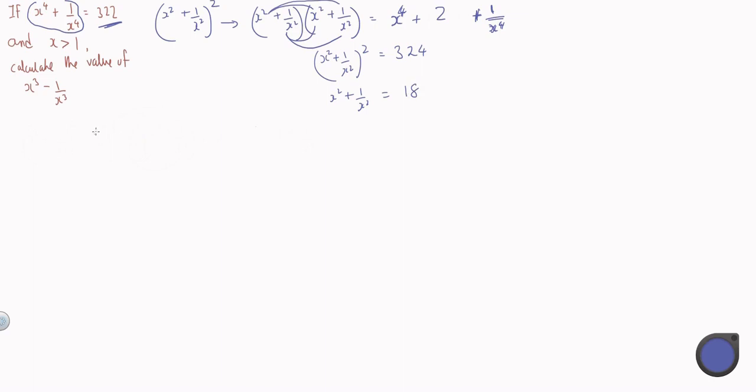Right, the second part I'm going to do now, and why I do this, you'll understand later on. Everything will fall into place later on. I'm going to square this.